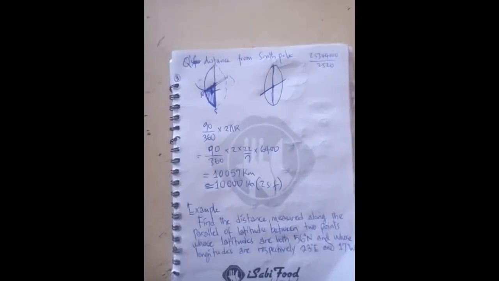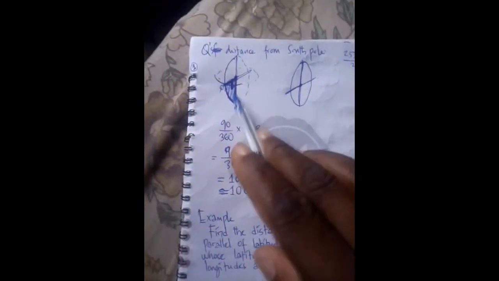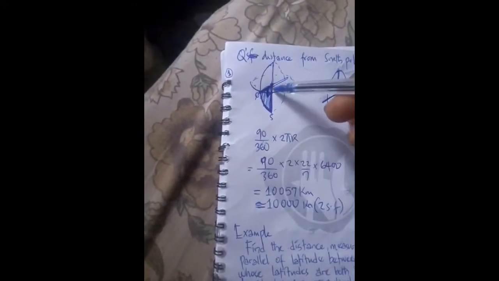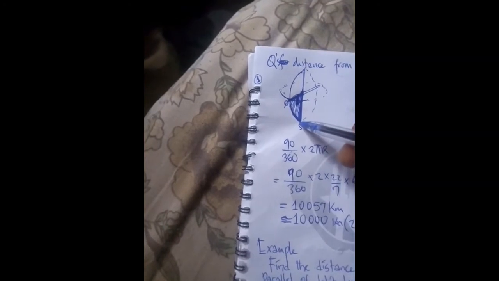So this is a radius, and this is another radius. So the angle is 90 degree. So 90 over 360 times what? 2 pi r will give you the distance of Q from the South Pole. Understand?